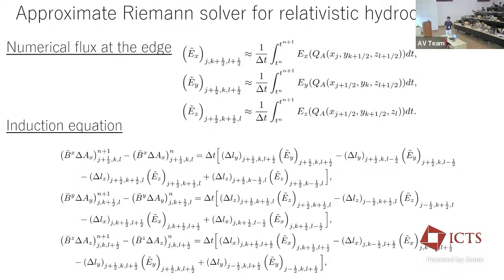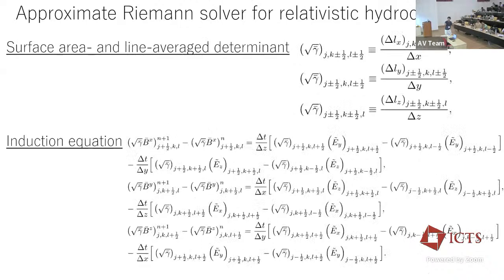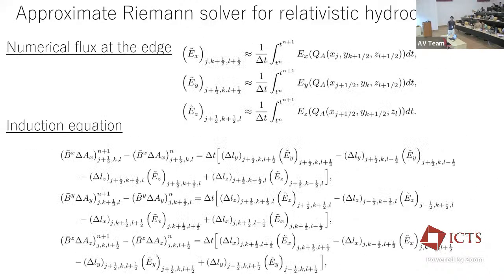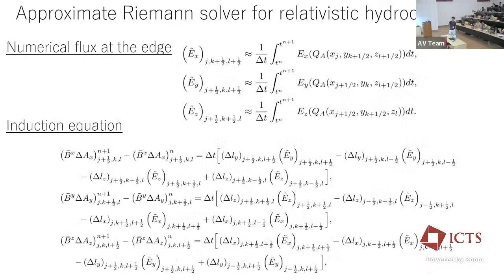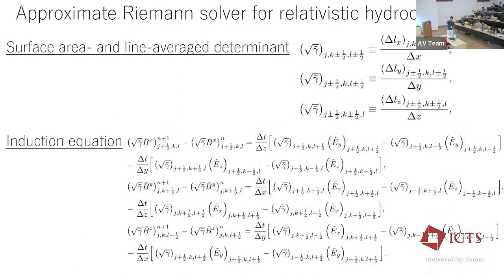It's a bit messy, where delta L_x,y,z is the three-dimensional proper length in the x, y, and z directions at the cell edge. And if you introduce the proper three-dimensional determinant via the proper lengths, then finally the induction equation becomes something like this. It's a bit messy expression.